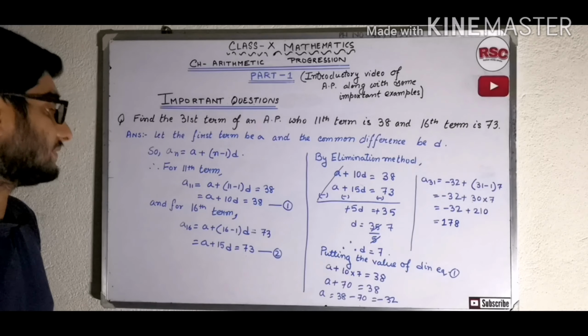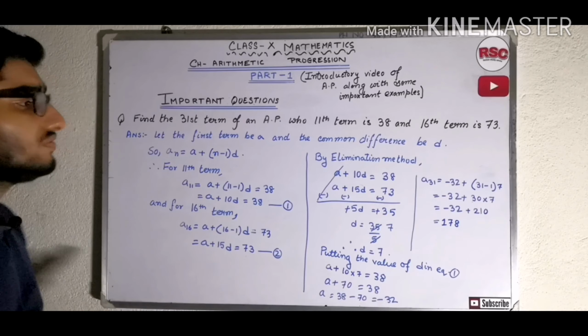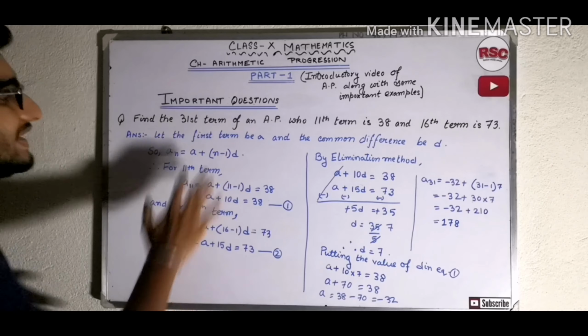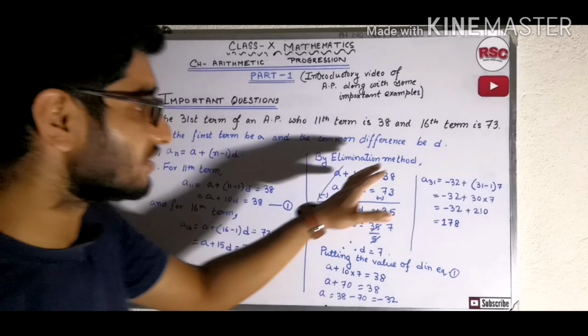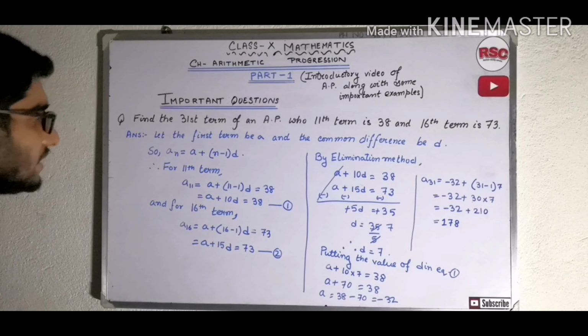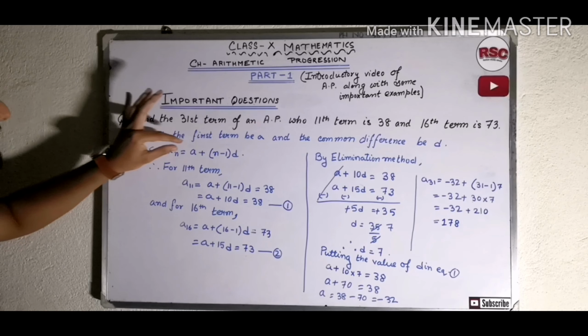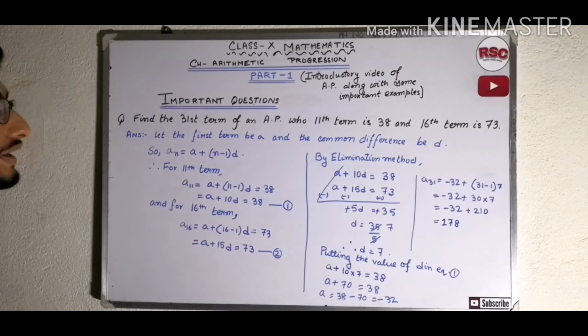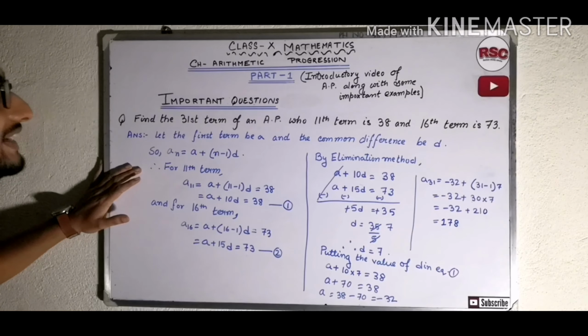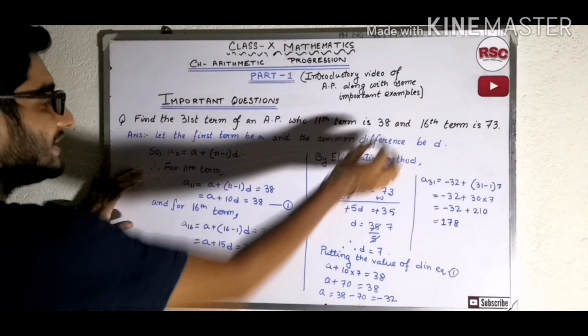Since we don't know the first term, we take the first term as a and the common difference as d. Now what is the formula of a of n? a of n equals a plus (n minus 1) d. It is given that the 11th term is 38.